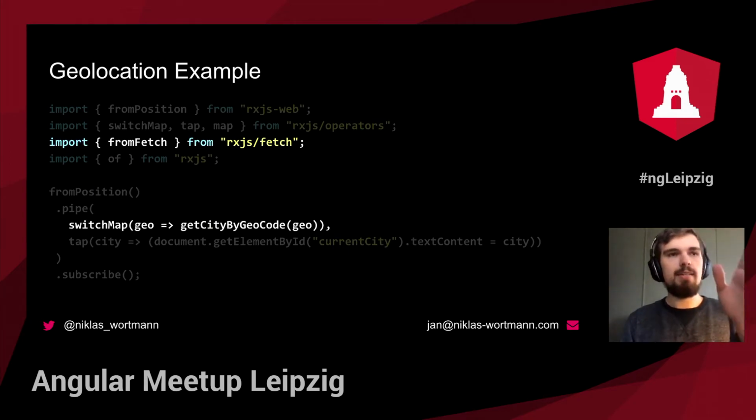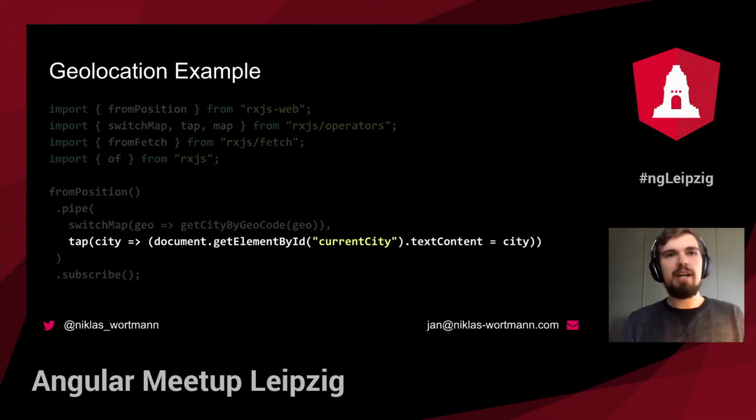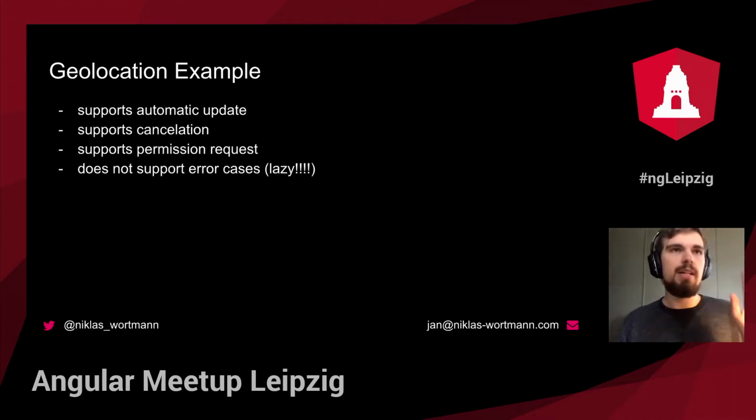And you will get then a geolocation object having information like latitude, longitude, etc. In my example, I wanted to render the current city, so that's what I used here with the tap. The geolocation example that I have implemented here shows the automatic update, which you just get when using watchPosition, I think is the API.